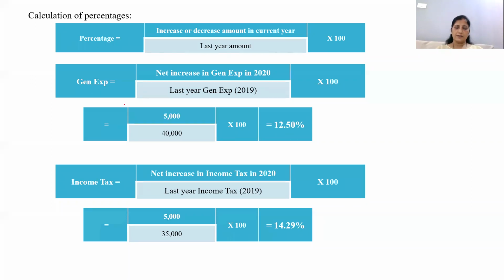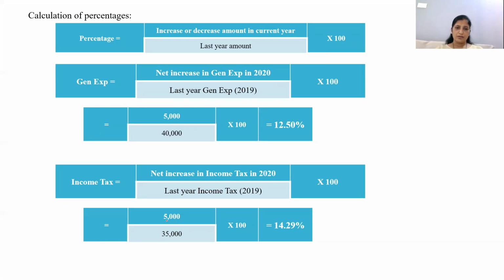Similarly, general expenses: net increase in general expenses in 2020 divided by last year's general expenses, 2019, into 100. So this is 5,000 divided by 40,000 into 100, you will get 12.50%. Next, income tax. Net increase in income tax in 2020 divided by 2019.